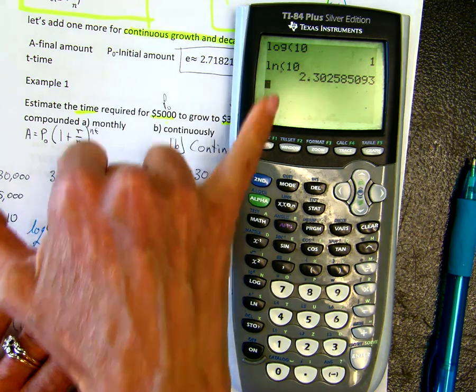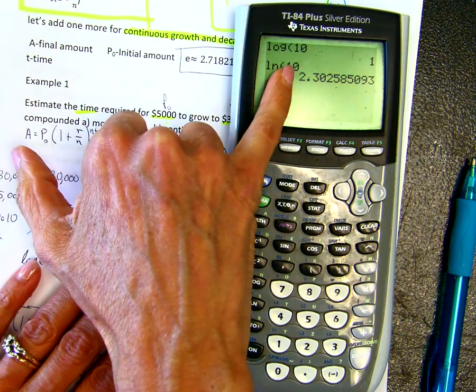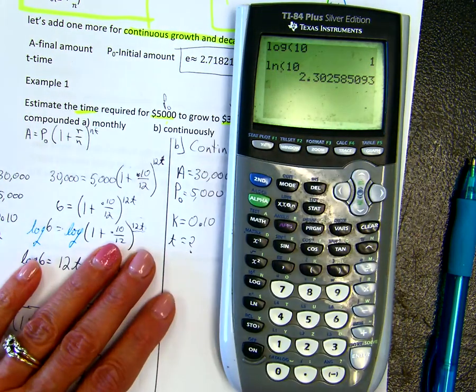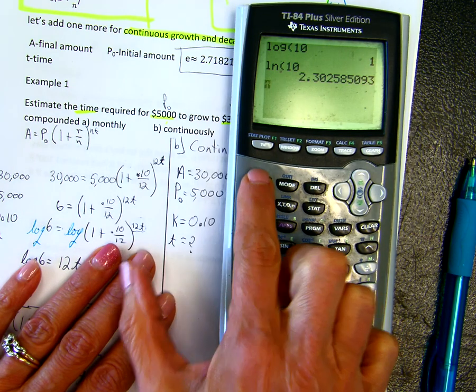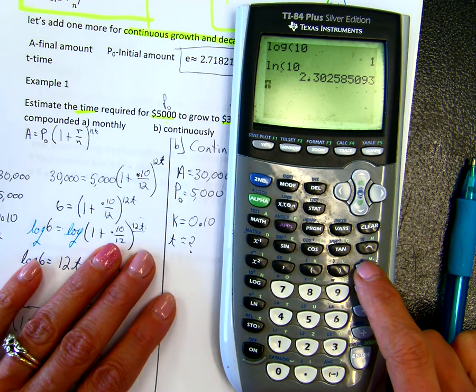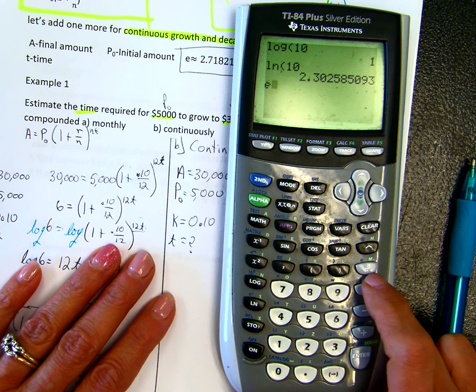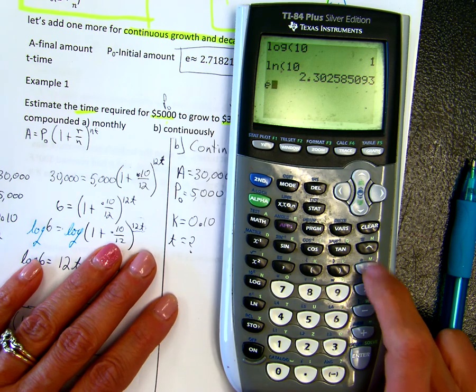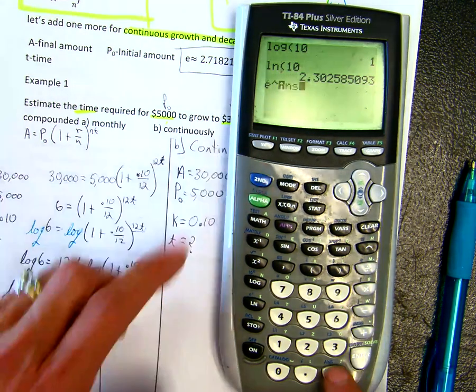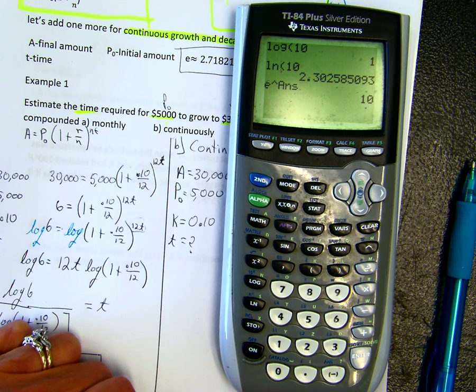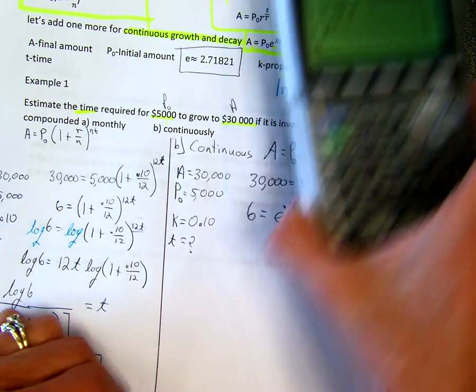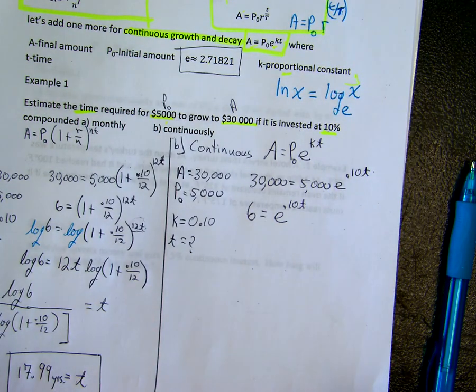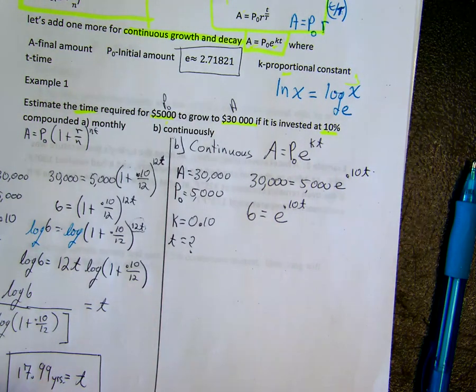So this is saying, to what power do I raise e in order to get 10? I raise it to this power. Let's check. If you take e, and there's the number e right there, on your second function, and raise it to that power, what do you get? 10. Okay, so we're going to be using a ln function, which is a log function.